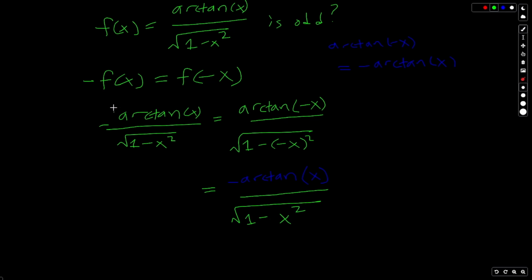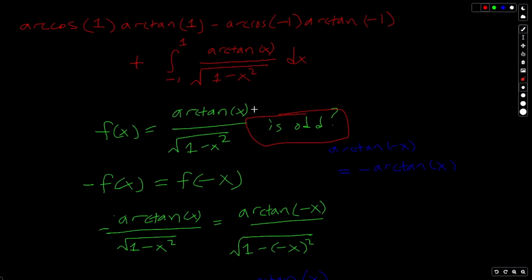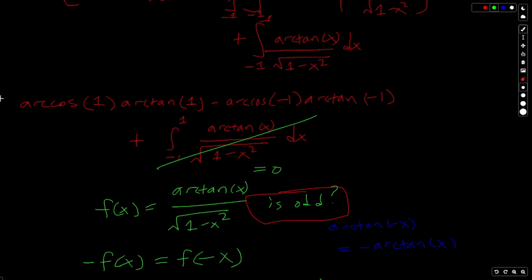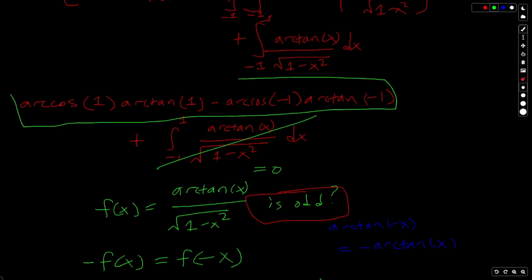All right, so as you can see, this function and this function are equivalent. That means that this function is actually odd. Okay, so if this function is odd, that means that this integral will actually evaluate to 0. We can just cross this out of our answer. All we have to do now is evaluate this to get our final answer for our definite integral.